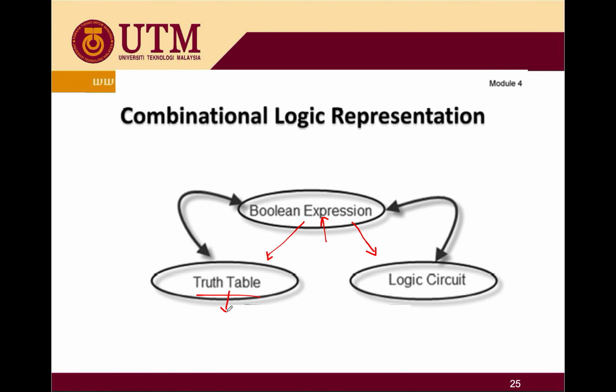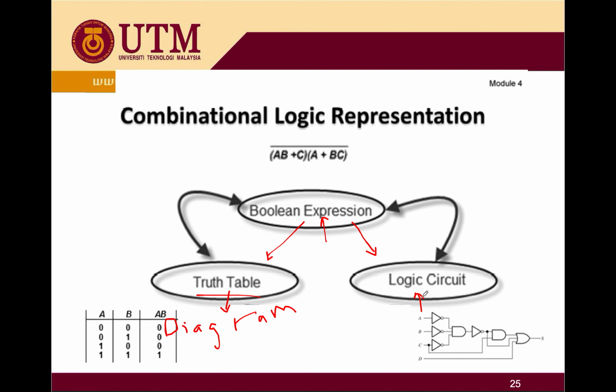From your truth table, you can have the timing diagram, and this is the circuit. Whether it is a basic circuit or combinations, it depends. So this is just an example: you're going to get the truth table and then the logic gate from the equation given.